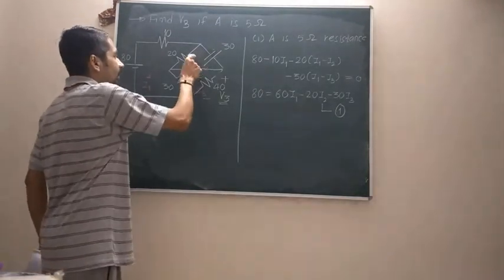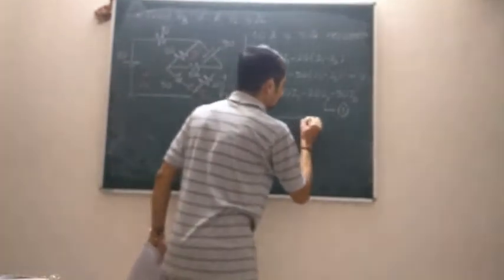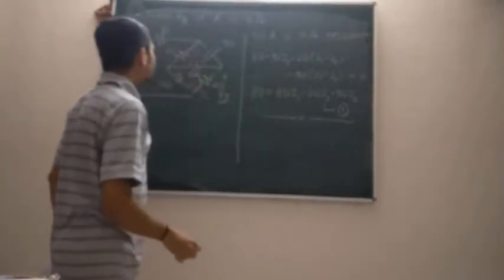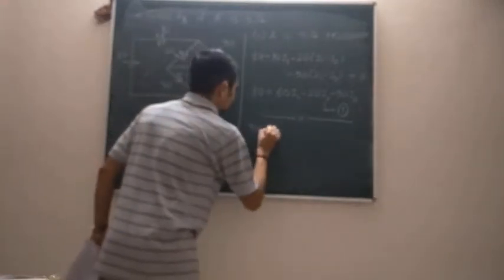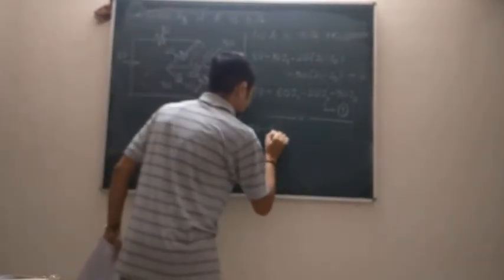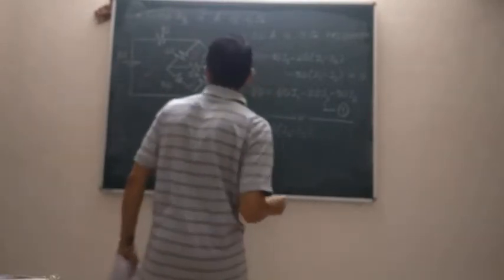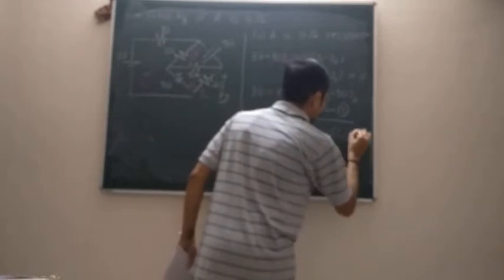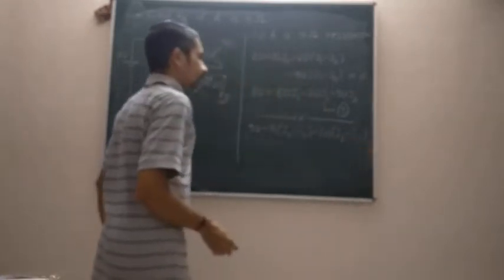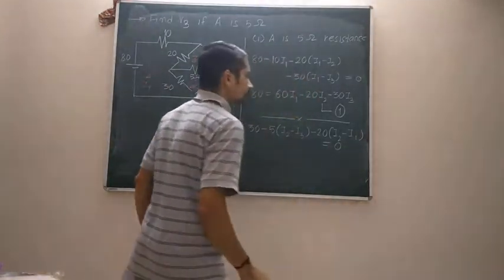Now I will apply KVL to my second loop. For the second loop, if I apply KVL, I will get an equation as 30 minus 5 into (I2 minus I3) minus 20 into (I2 minus I1), and this is equal to 0.